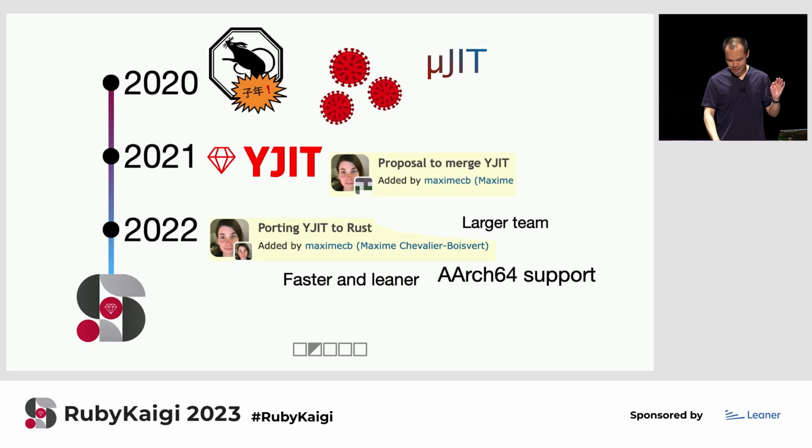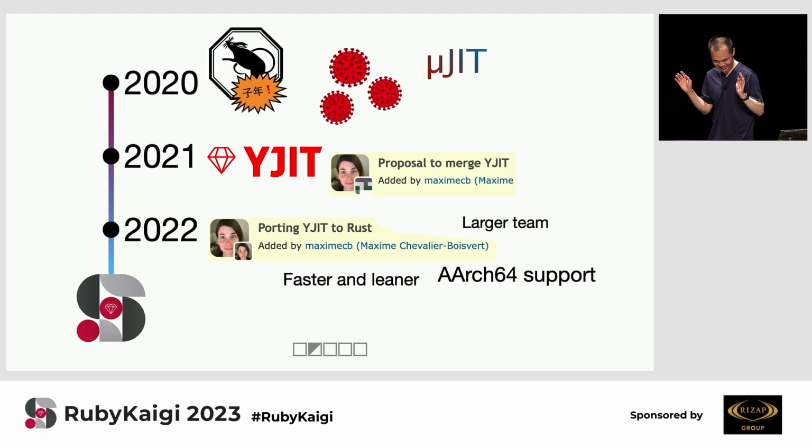YJIT started as a prototype in September 2020, when RNA strands encased in proteins were flying around. Maxime and I named the prototype MicroJIT. It wasn't called YJIT back then, and it worked by extending the interpreter at runtime.